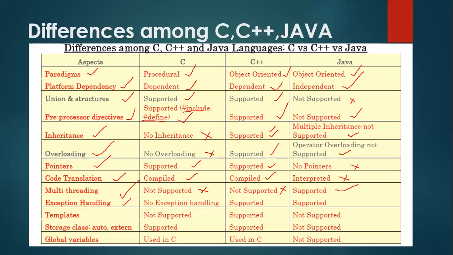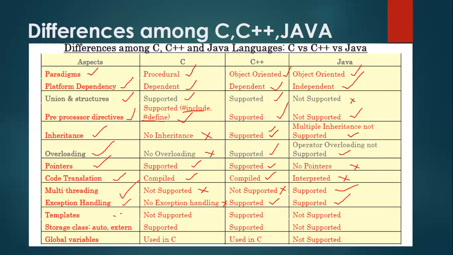For example, if in any program you are executing, some error occurs at runtime as well as at compile time, how to handle those errors automatically. So there is no exception handling mechanism, that means no error handling mechanism, in C, but in C++ it is supported. In Java it is also supported.